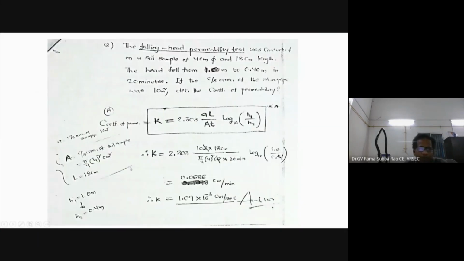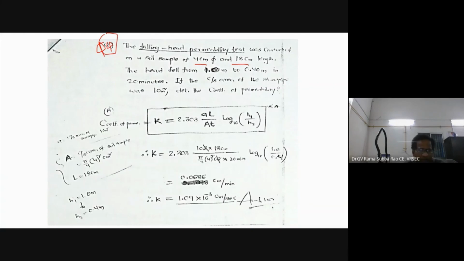Now a very interesting question on how to determine the permeability of soil. A falling head permeability test was conducted on a soil sample. Whatever is given, we have to respect. The diameter is 4 centimeter, though in our laboratory we used 10 centimeter diameter, and the length is 18 centimeter.